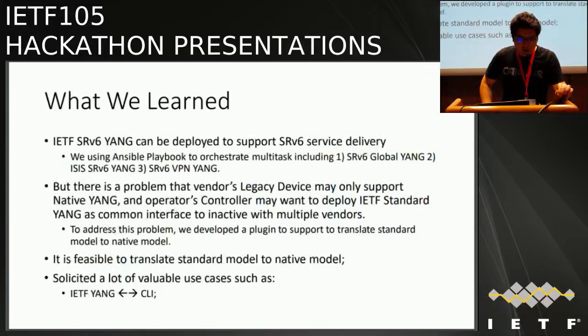What we learned is that the IETF SRv6 module can be deployed to support SRv6 service delivery, and we use Ansible playbook to orchestrate multiple tasks. Here's the problem: a vendor legacy device may only support the native YANG model, and the operator or controller may want to deploy the IETF standard model as a common interface to interact with multiple vendors. So we developed an app to address this issue, and it works well.